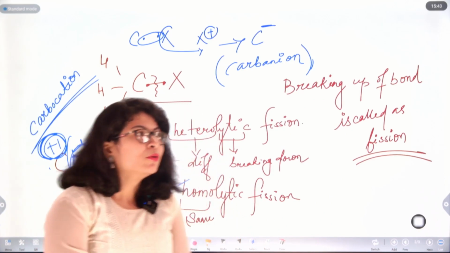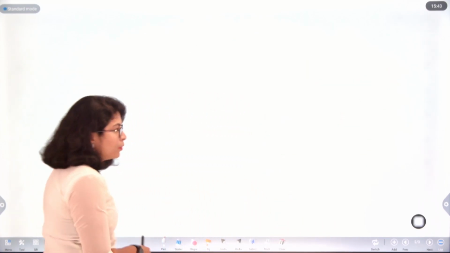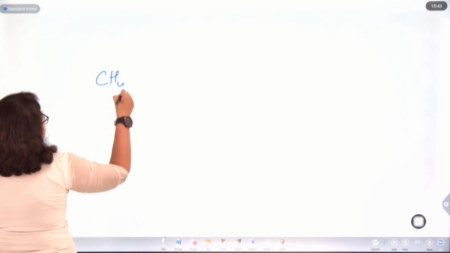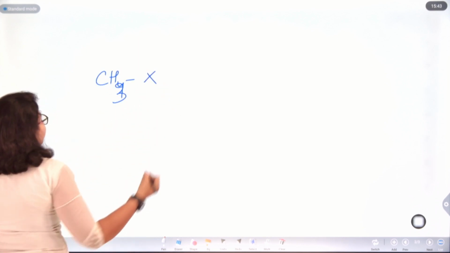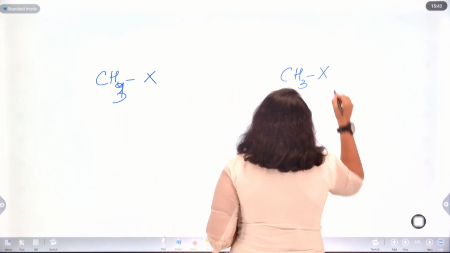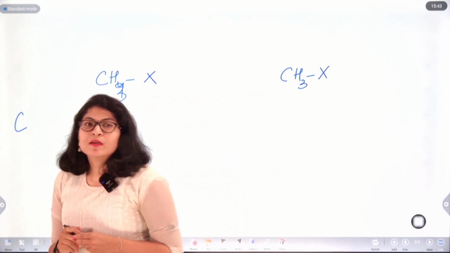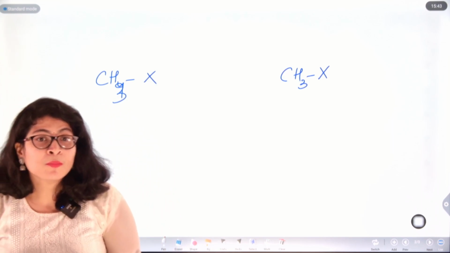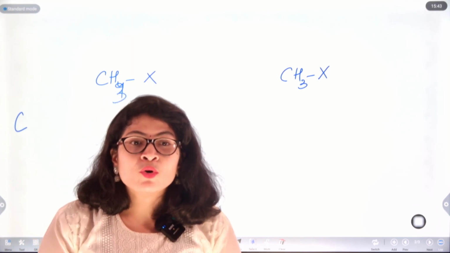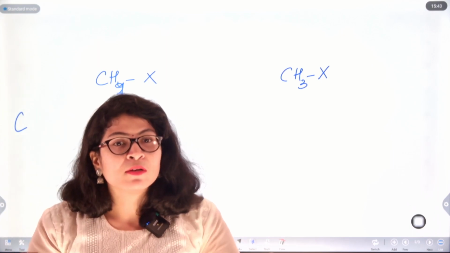Okay, so now let us understand carbocation and carbanion with an example. If I'm saying I had CH3X, in both the cases I'm taking CH3X as an example. Initially what we have said is, carbon is having a tetravalency, carbon will form 4 bonds in order to be stable, and all the 4 bonded atoms to the carbon will be aligning themselves to the corners of a regular tetrahedron.